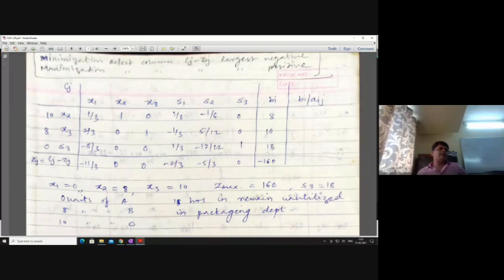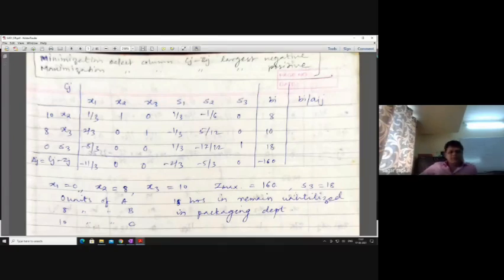Now, if at all less than or equal to sign is there, means if slack variables are present in the base, and it assumes some value in the base in the final optimal solution, then there is a capacity which is unutilized. Now here, with respect to the constraint number 3, S3 is equal to 18 is present in the base.